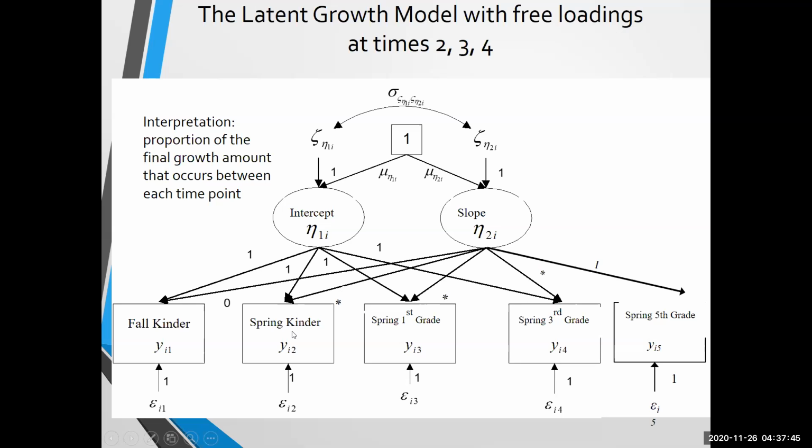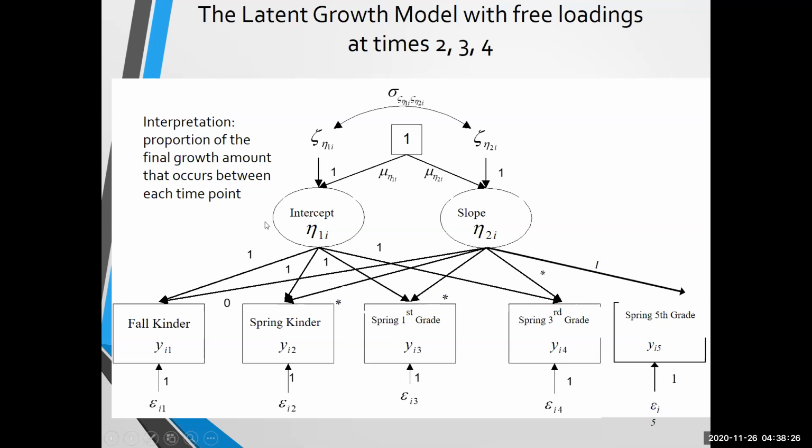And that will give these loadings the meaning of proportion of growth, right? So if the second loading is estimated as 0.3, the third loading as 0.7 and the fourth loading as 0.9, it means that the total growth from kindergarten to spring fifth grade is 100%, but then 30% of that growth happens between fall kindergarten and spring kindergarten, and then 90% happens by spring of third grade.